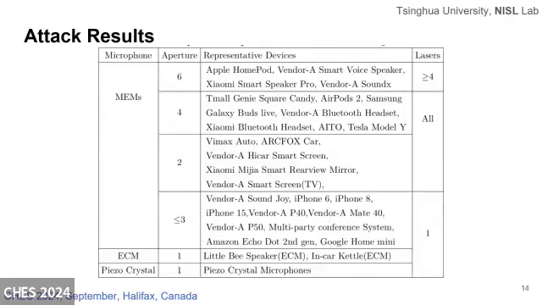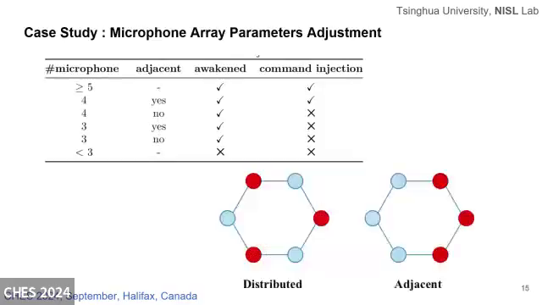This table outlines the details of our laser attacks, including the types of microphones used in each device and the number of lasers required. We find that the number and position of the microphones being targeted also affect the effectiveness of our attack.